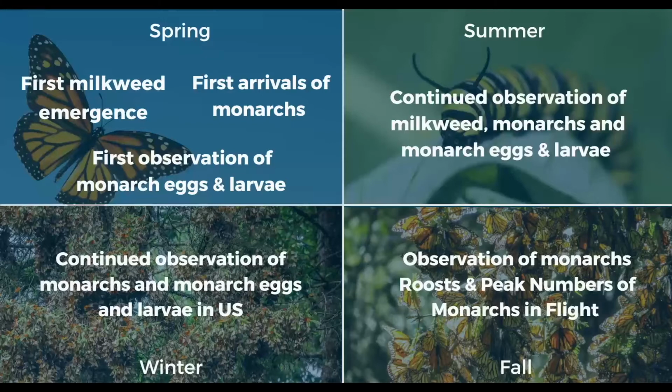Our volunteers also let us know when the milkweeds first emerge. And so it's that early spring flush of activity. So it's first milkweed emergence, first arrival of monarchs, and first observations of monarch eggs and larvae.